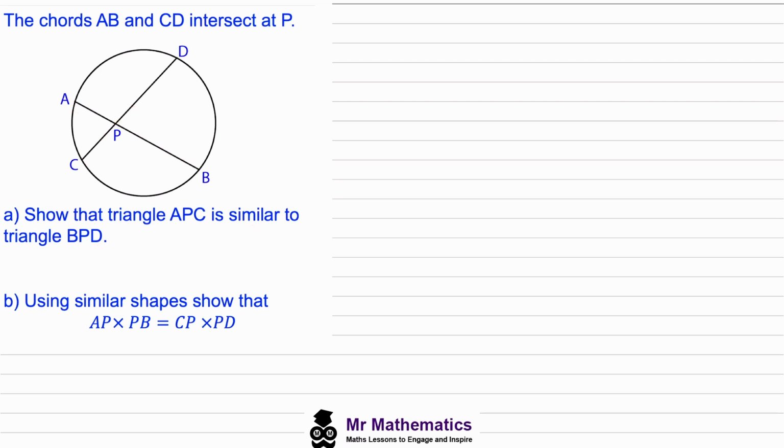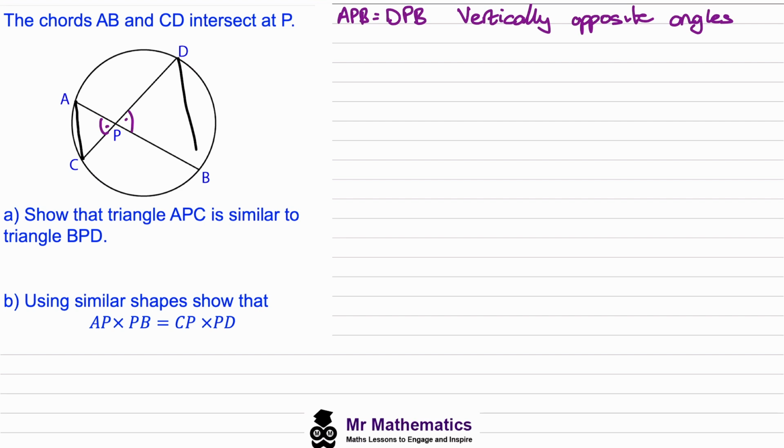And to prove similarity, we need to show that their interior angles are the same. So if we begin with this angle at P, we know these two angles will be equal because they are vertically opposite. And then if we construct two chords between A to C and D to B, then we have angles in the same segment at A and at D, this angle and this angle.